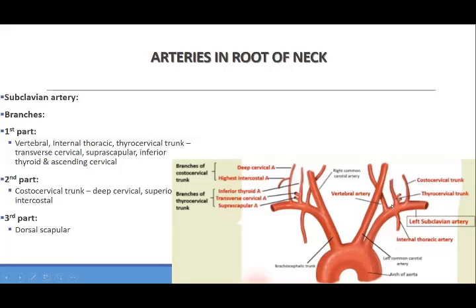The first branch from the first part, the vertebral artery. Second branch, internal thoracic या internal mammary artery.